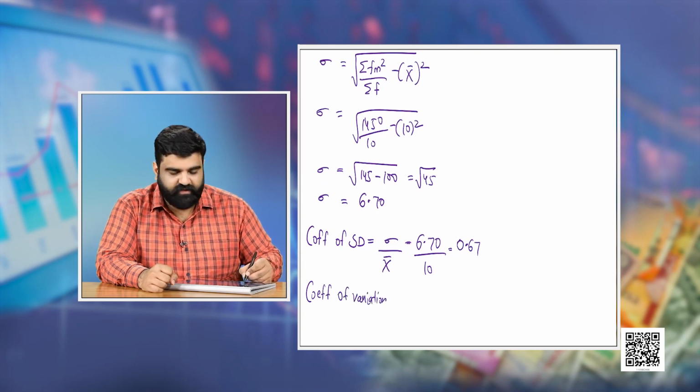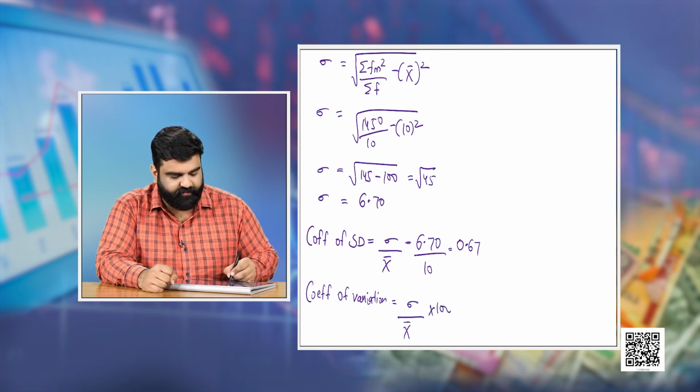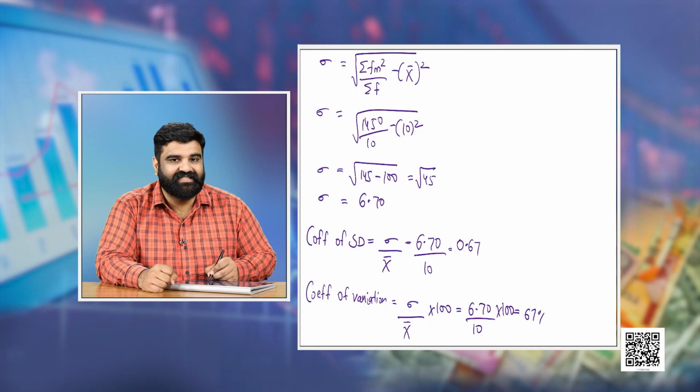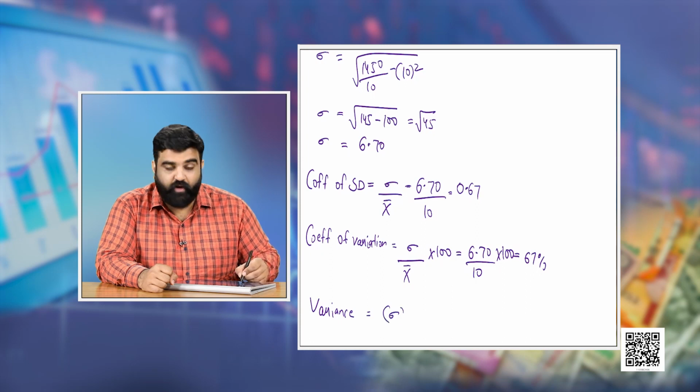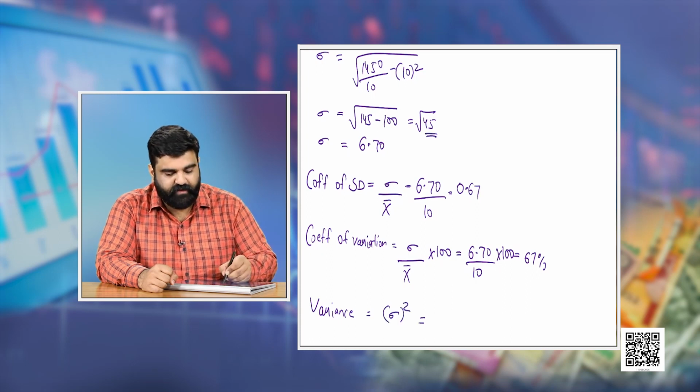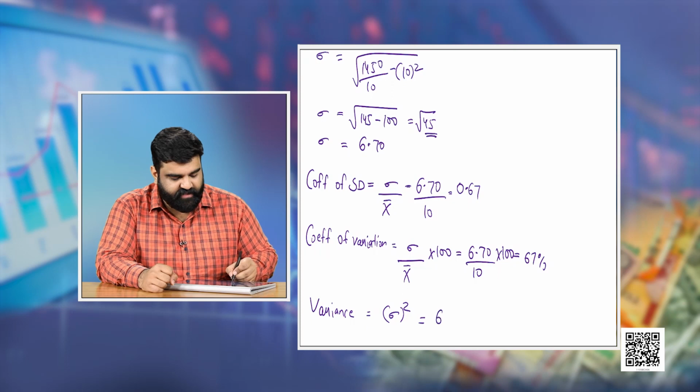So, the formula to this is standard deviation upon mean into 100, which is 6.70 upon 10 into 100, which gives me the answer as 67%. Let us also calculate the variance, which is actually the square of the standard deviation. So, the number obtained in the square root is actually the variance to this question.